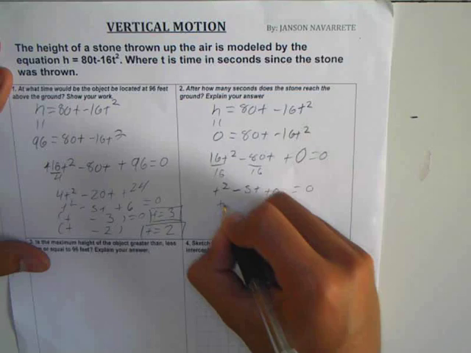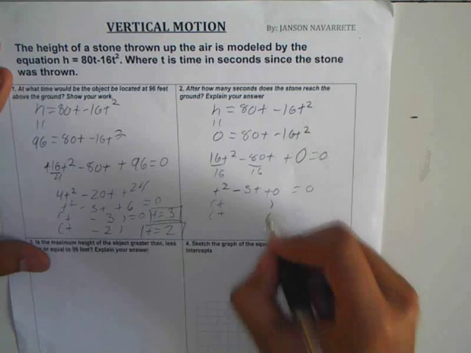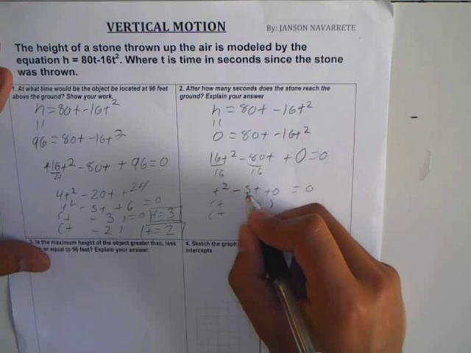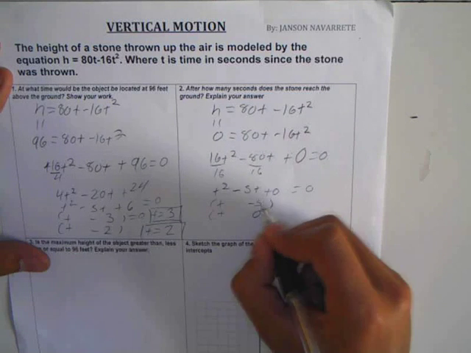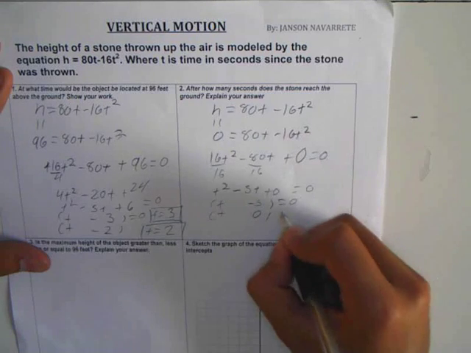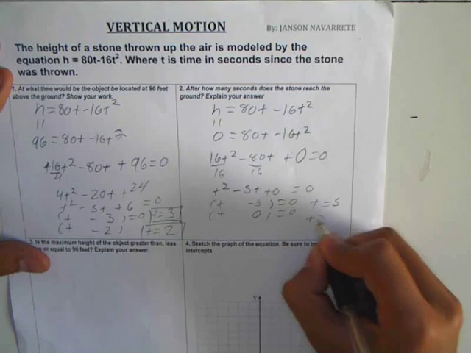And then we factor it. So we've got negative 5 and 0, so you can get negative 5t. And negative 5 times 0 equals 0, so that's it. Then you have to make the factors equal 0, so t will equal 5 and t will equal 0.